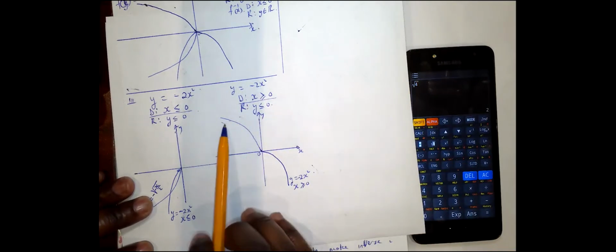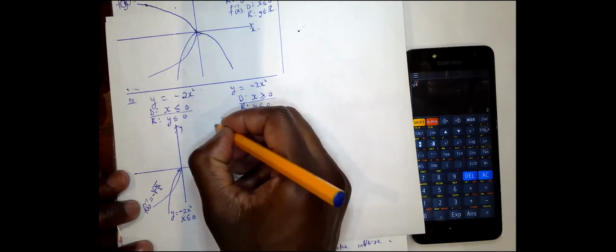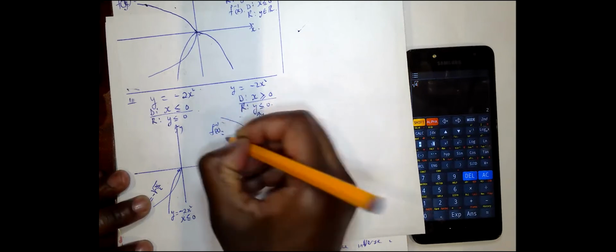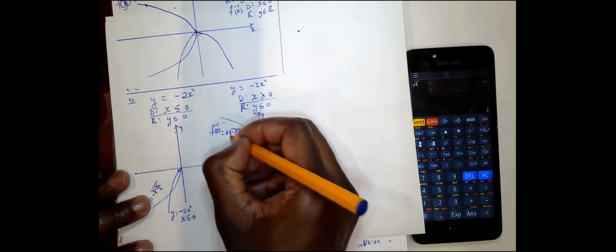Then for this case, what we have here is f inverse of x equal to plus root of negative x over 2, because remember we've got plus and minus root. Now that's what we have there. Then what else do we need to see there?